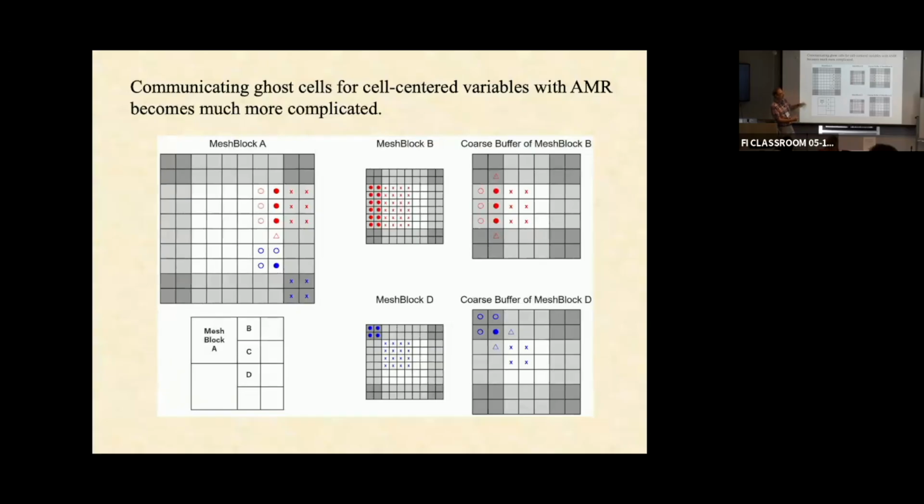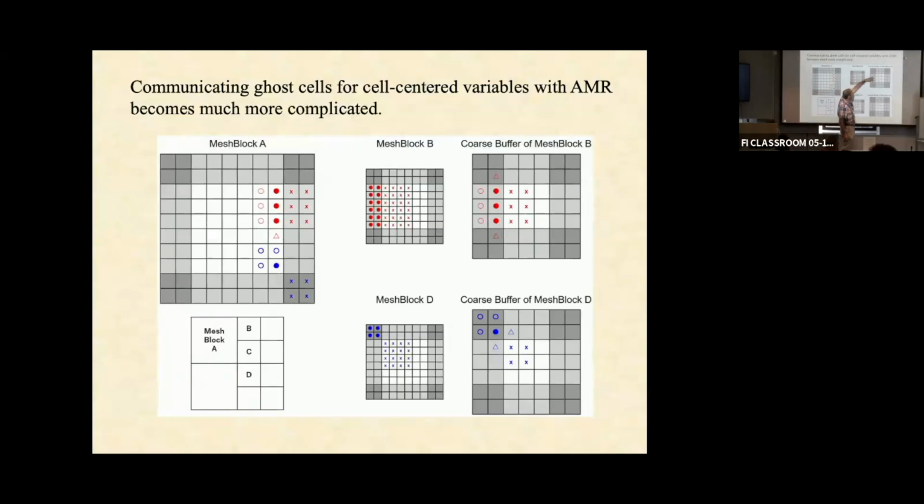Because, for example, let's take an example where you have two mesh blocks at coarse levels next to these four mesh blocks at finer levels. Let's take mesh block A and think about how it communicates to mesh block B. Well, mesh block A is going to have to communicate these three cells into the so-called coarse buffer of mesh block B, these are at the same level. And then moreover, you're going to need these extra three cells here.